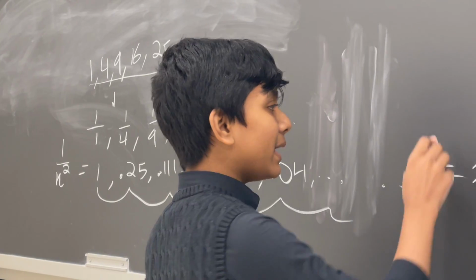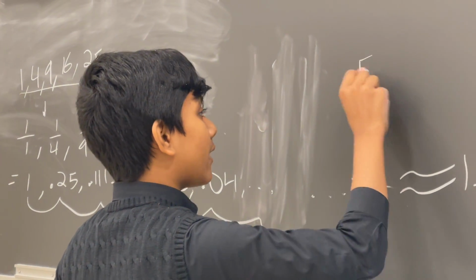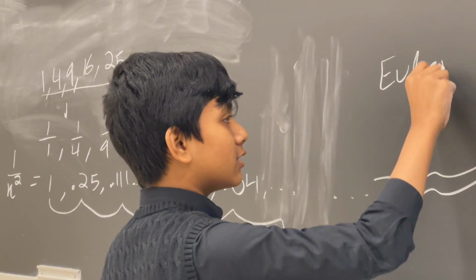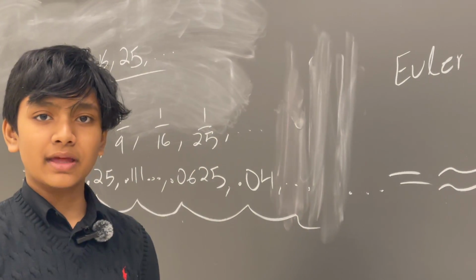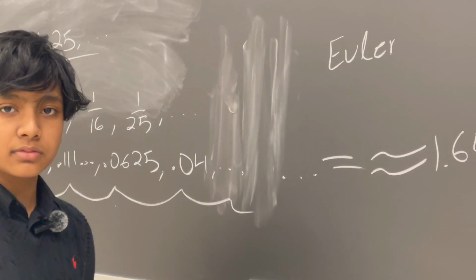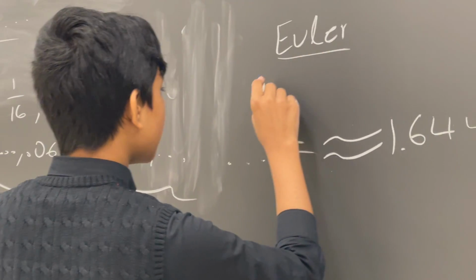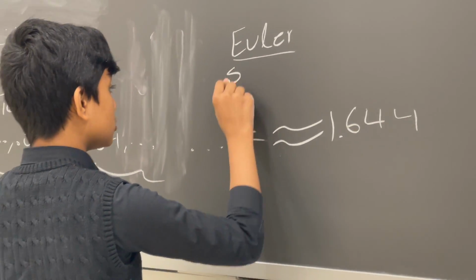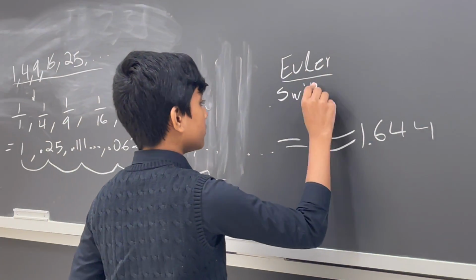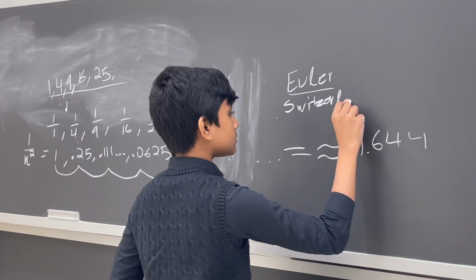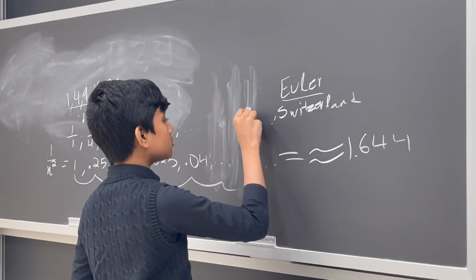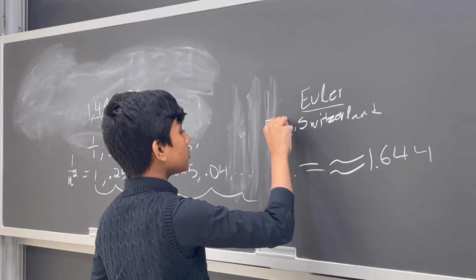In fact, the Basel problem is named after Euler. Indirectly, though, because they didn't want to name something after Euler for the 700th time. Euler was actually born in the Swiss city of Basel. However, it's also named the Basel problem for one other big reason.